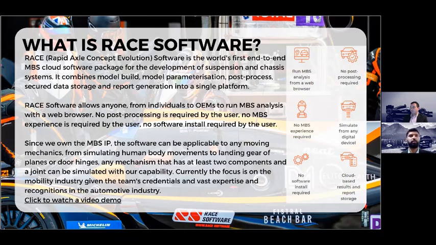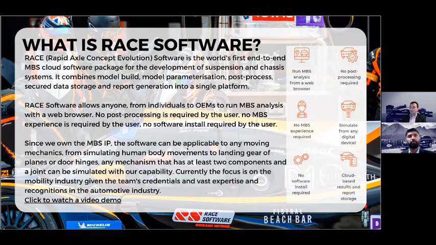So anyone can come in, create an account, put in your details, start using the tool, and Race Software has templates that are ready to go for you to start running. I'll come into templates in a minute.